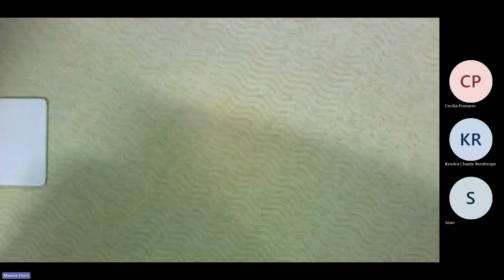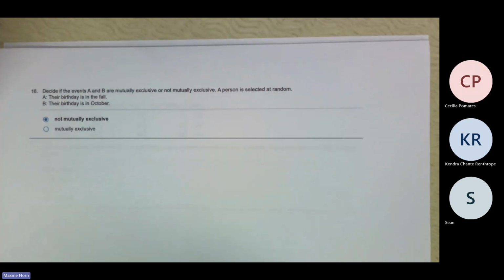All right. Number 16. Decide if the events A and B are mutually exclusive or not mutually exclusive. A person is selected at random. Their birthday is in the fall. Their birthday is in October. So mutually exclusive events cannot both occur, right? That's the definition.